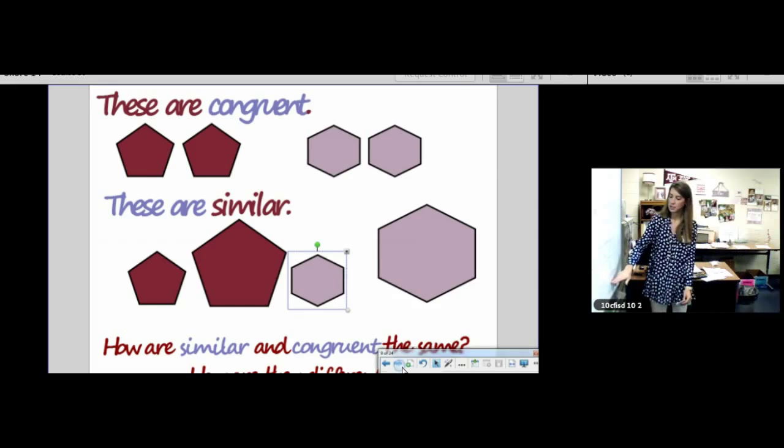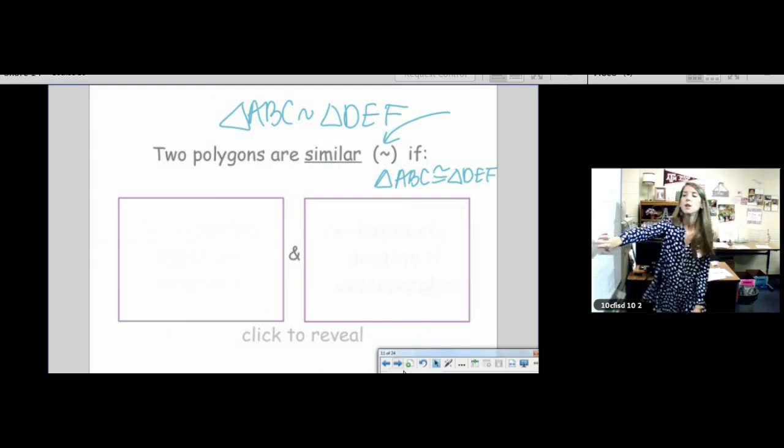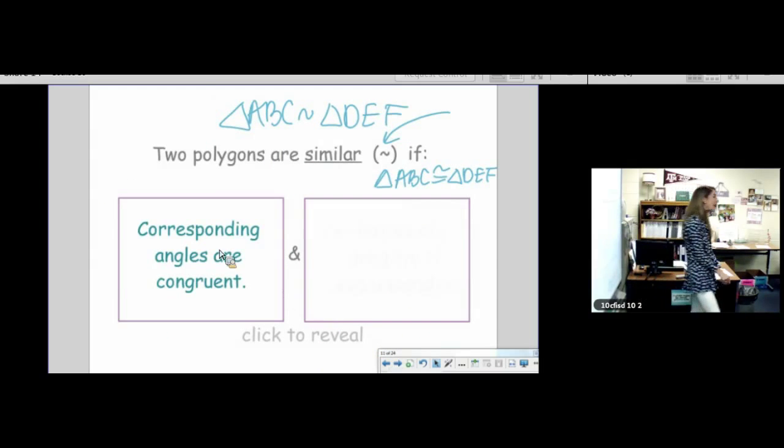And this slide says that two polygons are similar if the angles are congruent. The angles have to match. The angles will match. The angles are congruent. Why did we add that tricky word corresponding in there? It just means match them up.